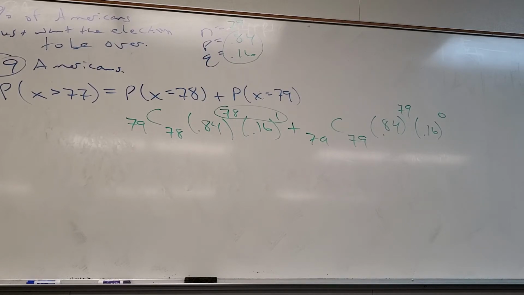How many ways can I choose 79 from 79 things? One way. Take them all. Done. So that's 1, and that's 1. So really, I just had to worry about this piece. But you don't have to know that. You can plug it all in there. And let's see what we get. Do we get something decent or just gross still?